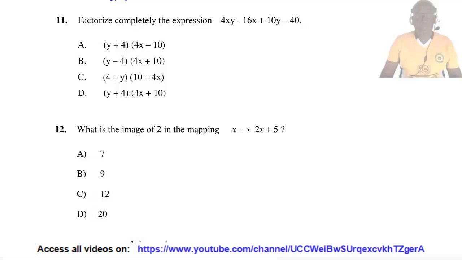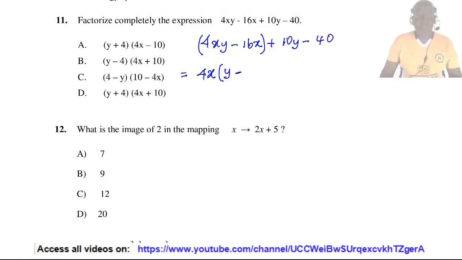Question 11. Factorize completely the expression 4sy minus 16s plus 10y minus 40. That is, we are to factorize 4sy - 16s + 10y - 40. 4s is a common factor to the first two terms, so 4s(y - 4).